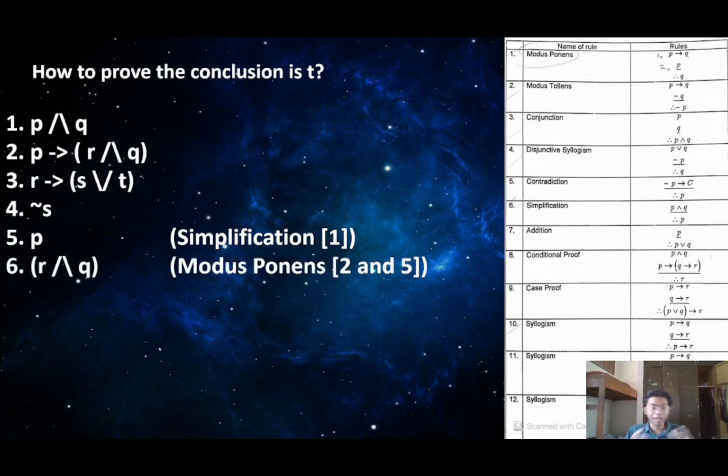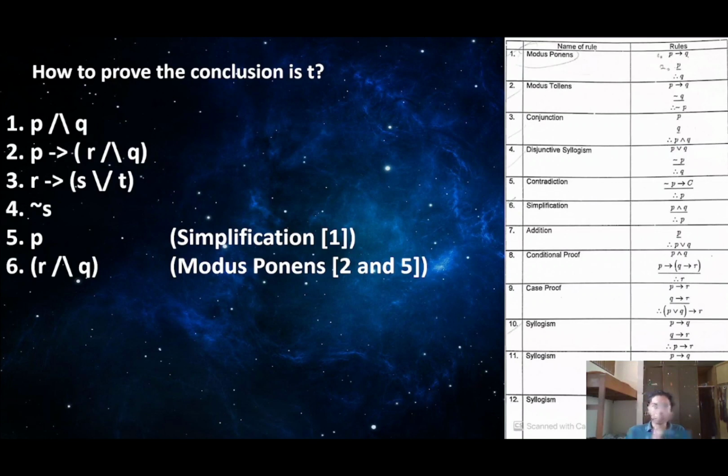Here we have modus ponens, which we use from hypotheses 2 and 5. From the first rule, if P then Q, and we have another hypothesis which is just P, we can fuse it using the rule of modus ponens, and then we have a Q.